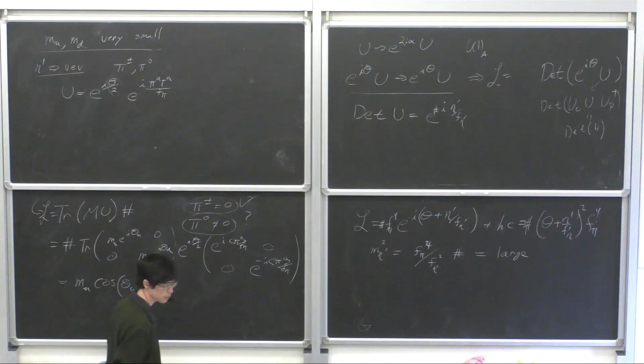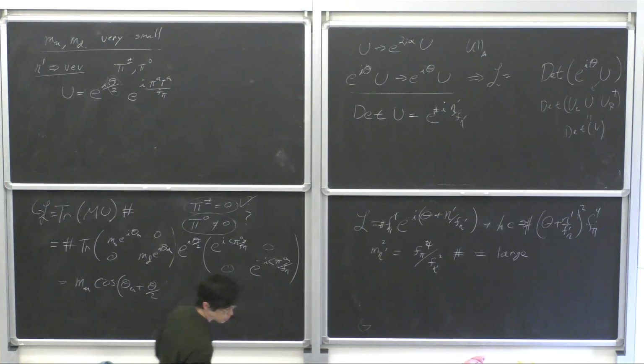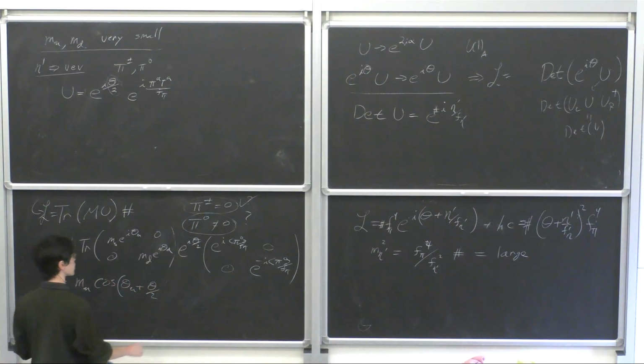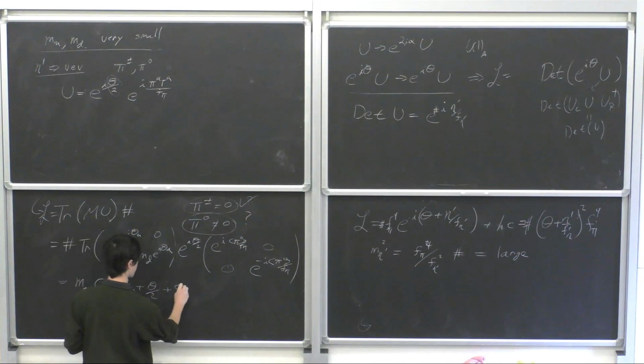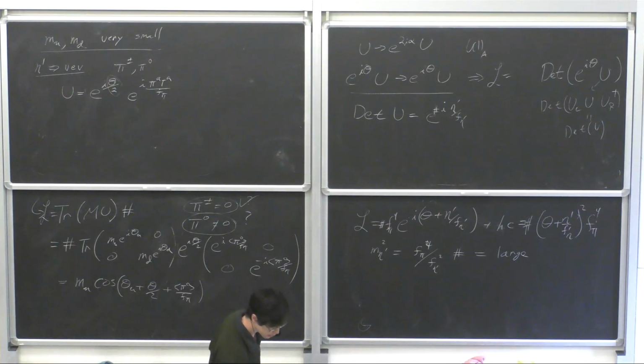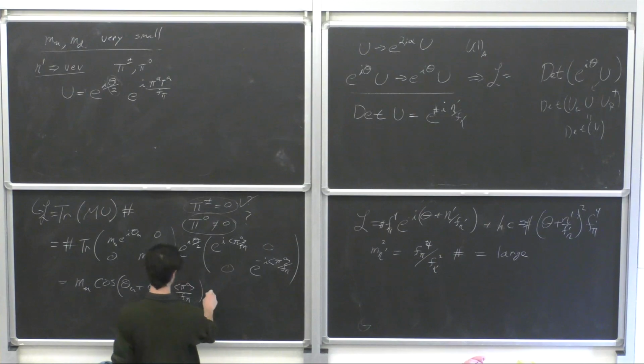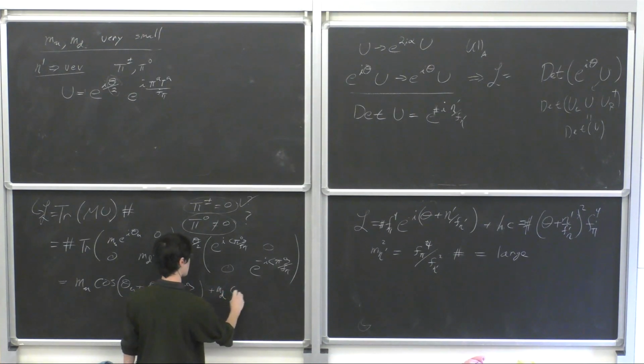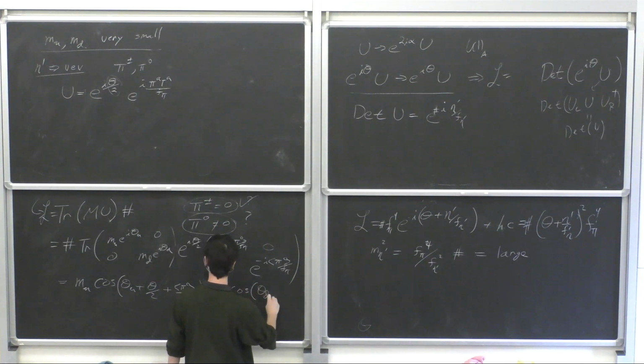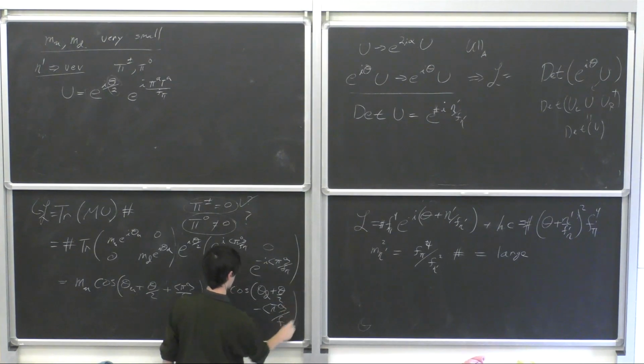There is, okay, so somehow I claim that I got the order 1 numbers right. And plus md cosine of theta d plus theta over 2 minus the VEV of pi 0 over f pi.